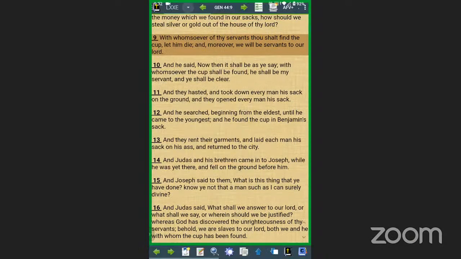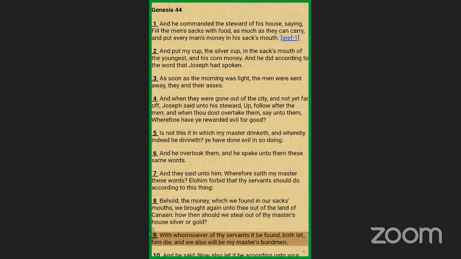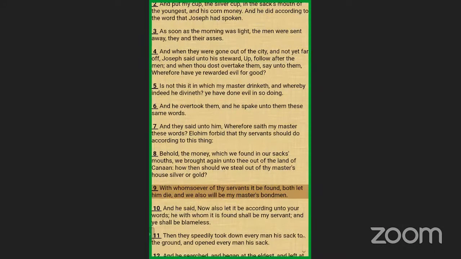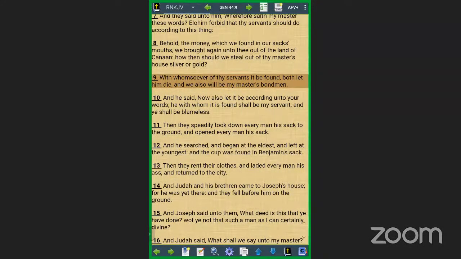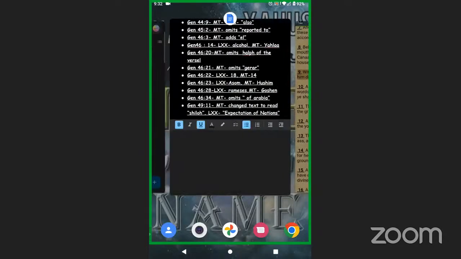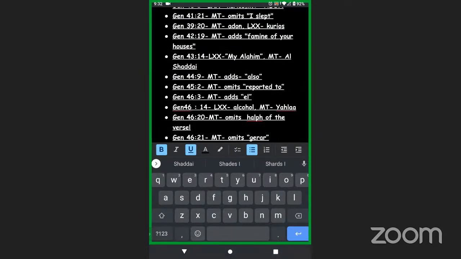Okay, not much different there. I don't know why I even have that written down. It seems exactly the same there. Might have to take that one down. Oh, okay, I see, Masoretic text adds also. Yeah, that's very minor.